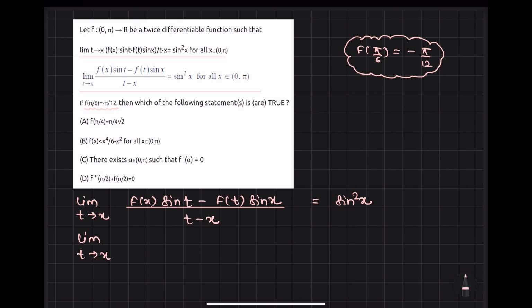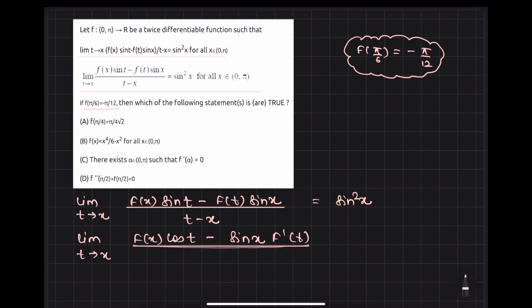Okay. So can I write this function as: f of x will become what? The constant. So f of x, the differentiation of sine t will become cos t. Okay, and done. Now we have the differentiation of this thing, sine x is constant, and then we will have f dash t.